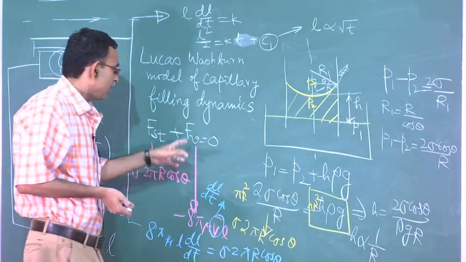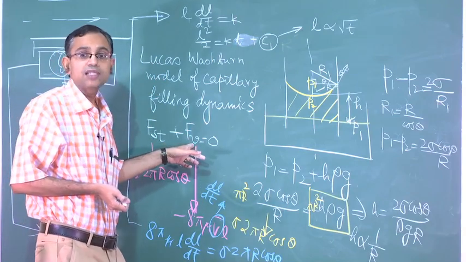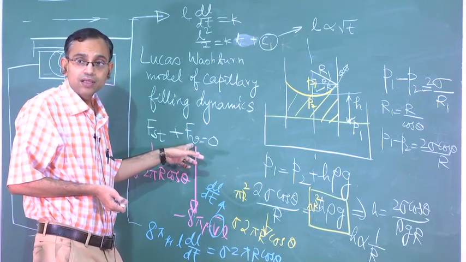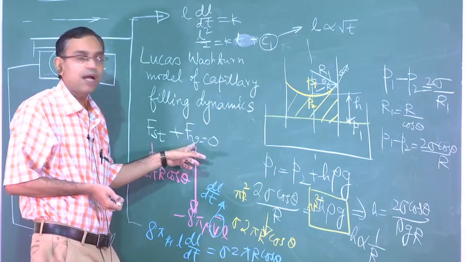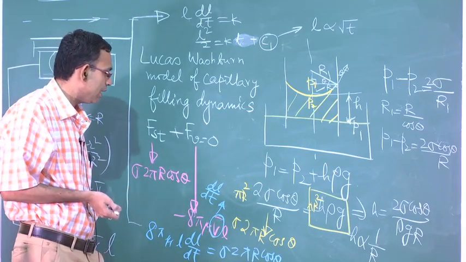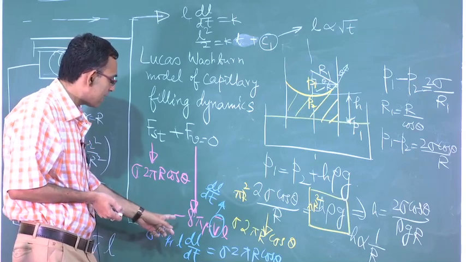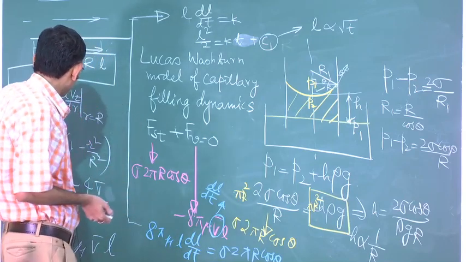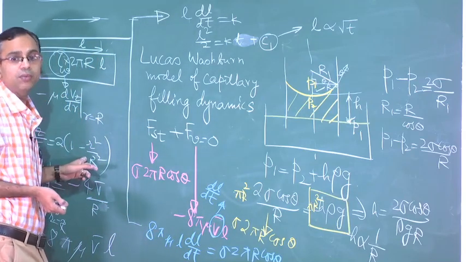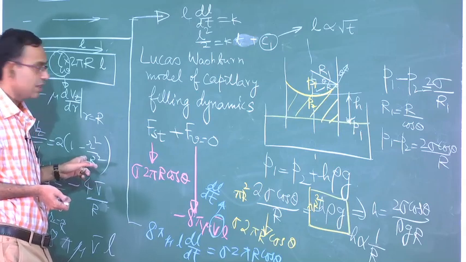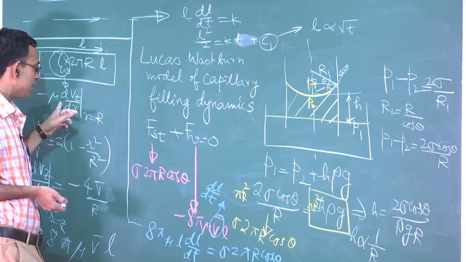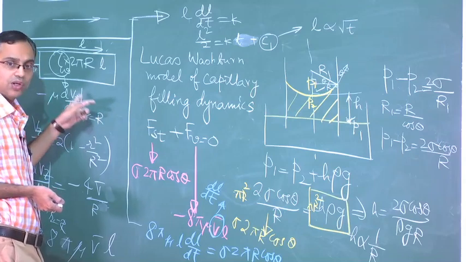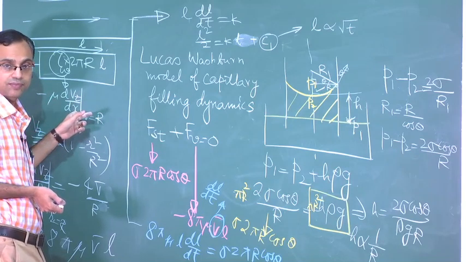So, if for example instead of water, blood is filling into the capillary, then what will happen to this model? Instead of this expression for velocity profile, there will be a different expression for velocity profile, and not only that, the wall shear stress, instead of using Newton's law of viscosity, it will be something else.